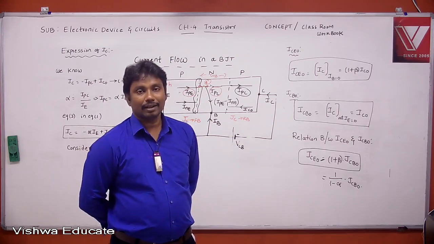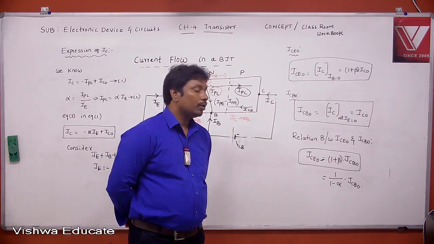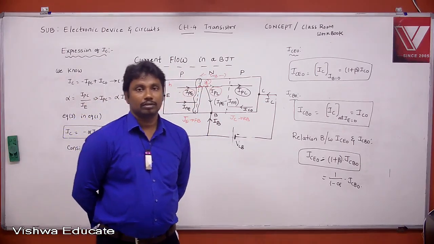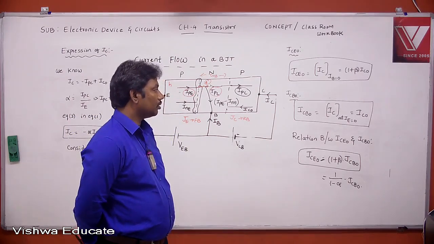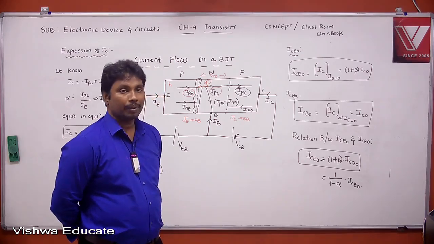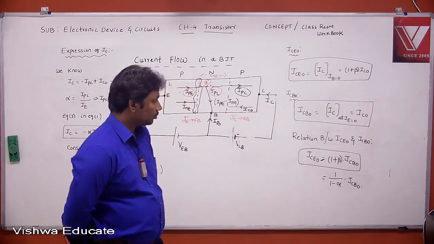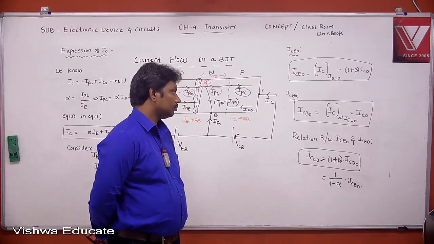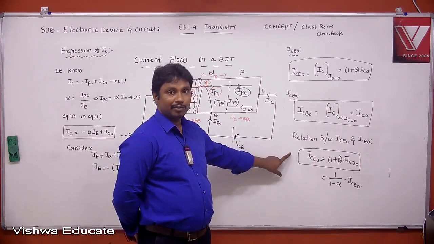It is the collector current when emitter is open. Copy this one. And also copy the relation between ICO and ICBO.